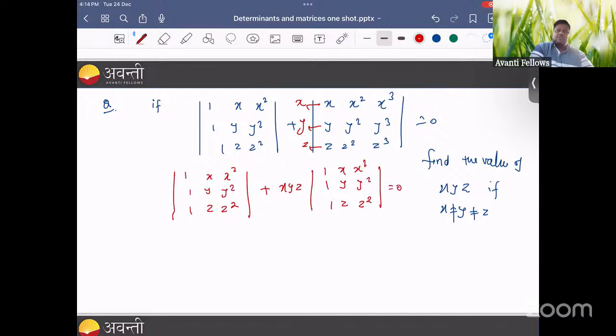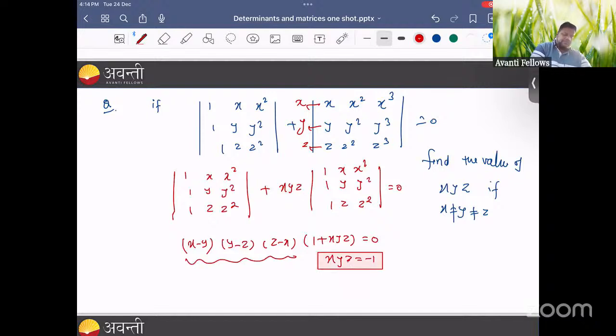This goes 0. So if I take this determinant common, I get (x minus y)(y minus z)(z minus x) into (1 plus xyz) equals 0. Now, in the question, they have already mentioned this is non-zero. That means xyz is equal to minus 1. All right.